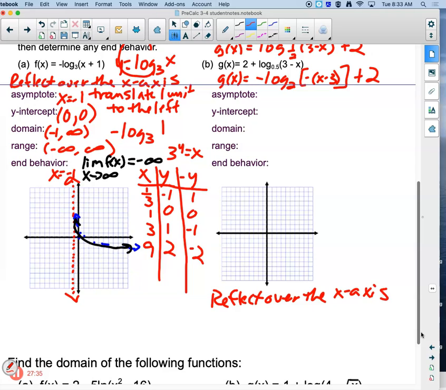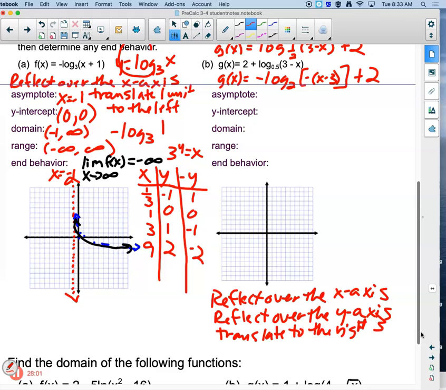Now, as we move from left to right, the next thing we hit is a negative in front of the x. That's another reflection. So that's a reflect over the y-axis. So we're going to flip it, and then we're going to flip it again. And then x minus 3 would give us translate to the right three units.